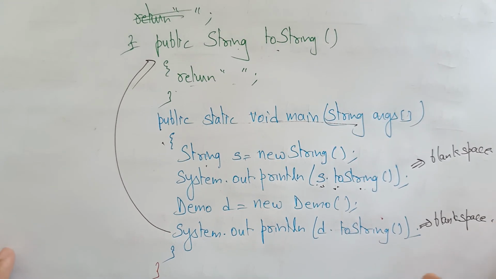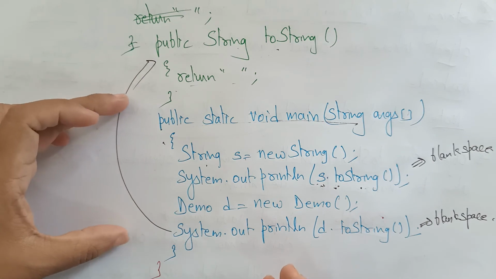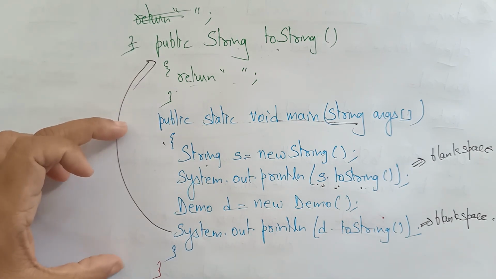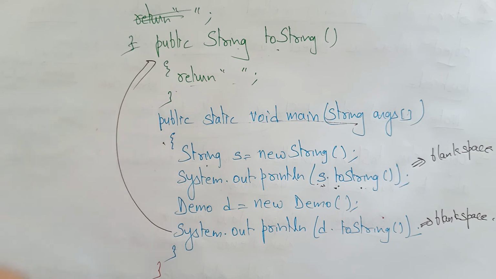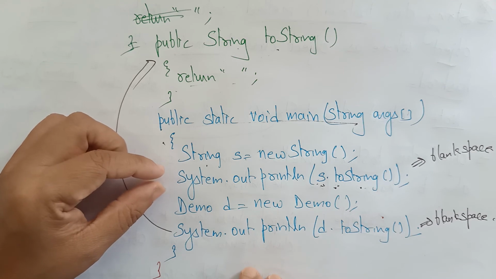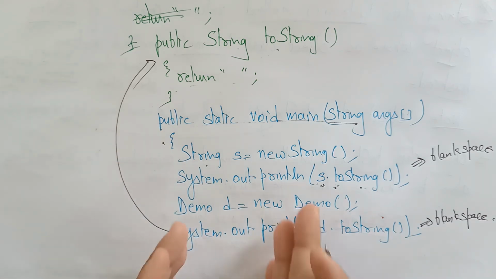So try to pause the video and execute this. Type this program in the IDE or Notepad++, execute it and check the output you are getting. Are you getting two blank spaces or not? Try to check. I want to explain here what it means that the Object class toString method is overridden in the String class, from the previous example.